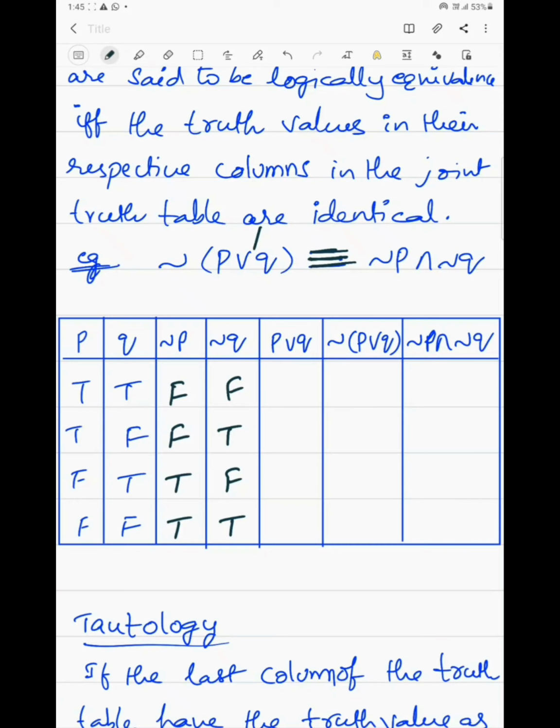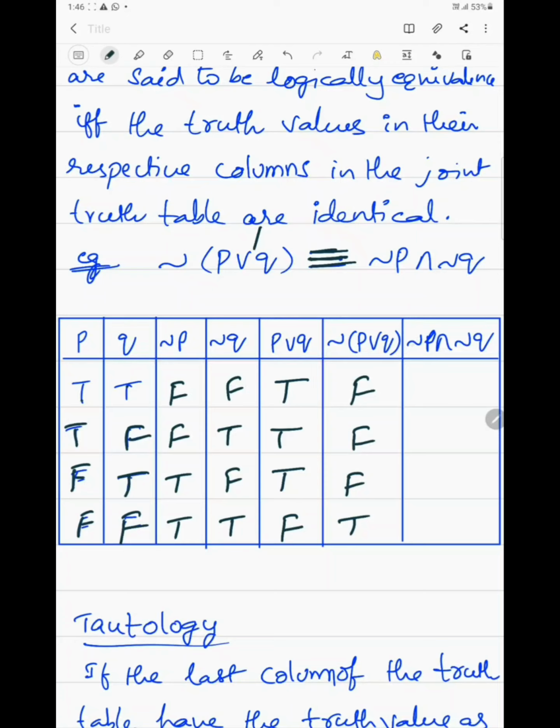Now we are using only P and Q. Therefore, T, F, F, F. This is for disjunction P or Q. Negation of P or Q, what will it be? Now F, F, F, T.